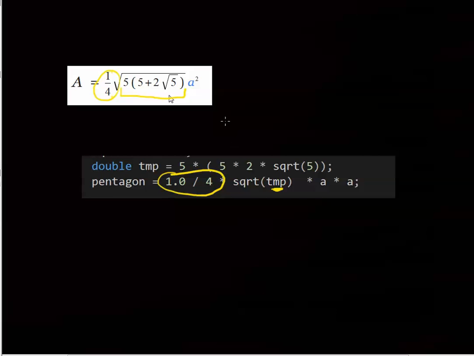Another possible issue might be that maybe this line should have been a little bit longer. If that was the case, certainly we could test that, right? We could put the square of a inside the square root and print it out and see whether it came up right. So those are our places to start to look. And again, since we've already looked at the 1 over 4, I'll go right over to here.